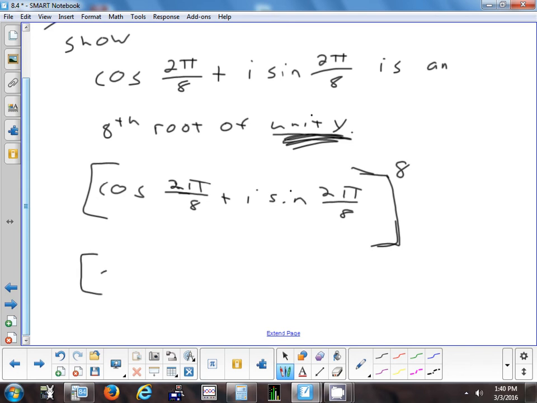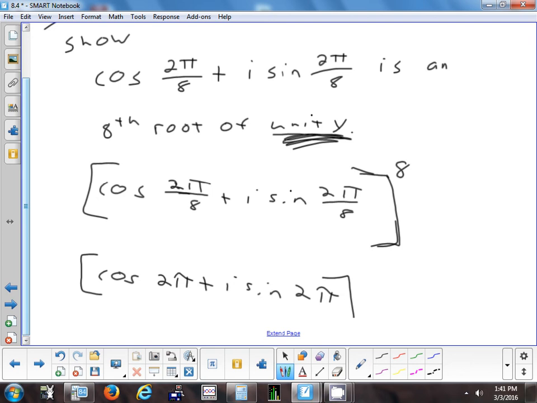Okay, so my radius is 1. What about my angle? Well, Tom, what's my angle here? 2 pi. Yeah, take what you have and multiply by 8. So 2 pi over 8 times 8 is just 2 pi. i sine 2 pi.